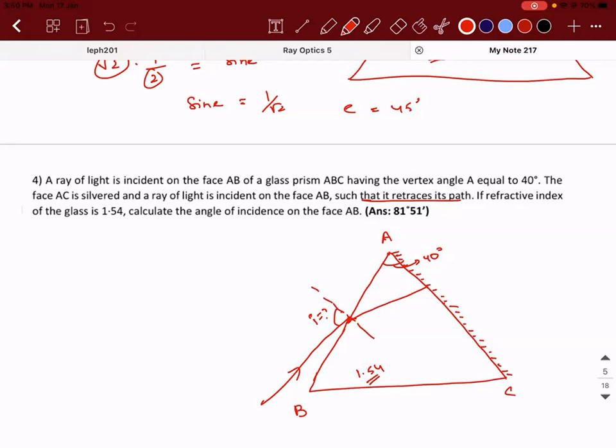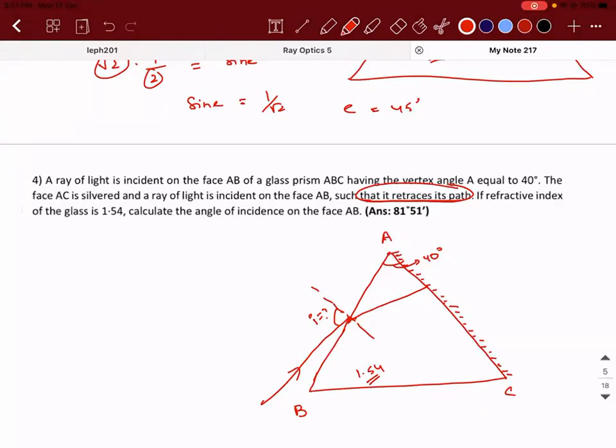Okay. It's actually a simple problem only, but understanding is the tough part. So the question that we need to answer is, when will this light ray be able to retrace its path? When will a light ray striking a mirror surface retrace its path? When the angle of incidence is how much? 90 degrees? Again, same mistake. It's 0, sir. It should be 0.